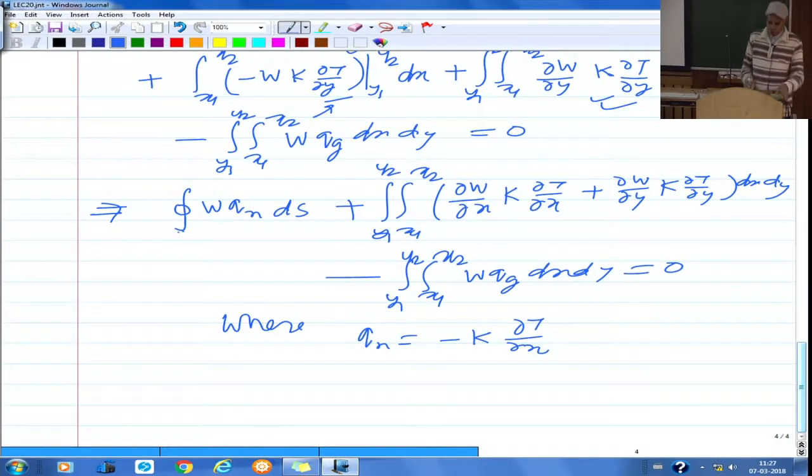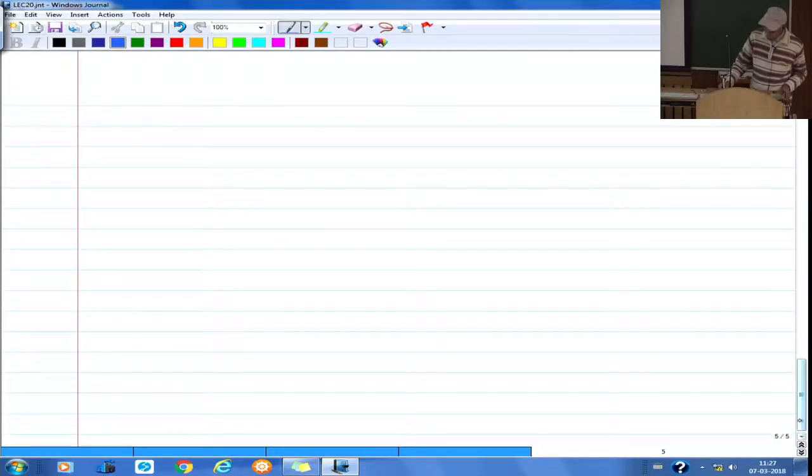This expression is valid irrespective of whether the boundary is rectangular or any arbitrary boundary. You can always write the boundary integral term in this fashion. So this is your weak form for the problem.